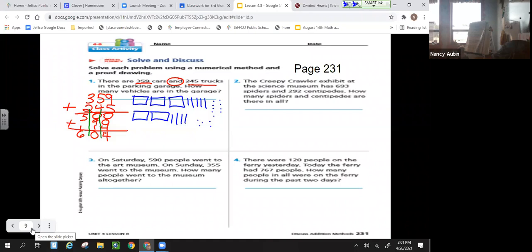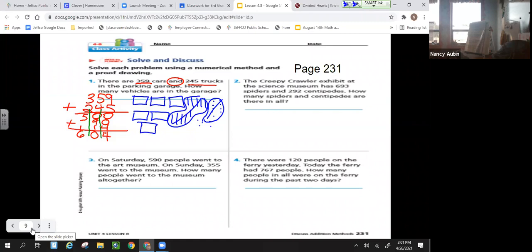All right, let's count these up. 2, 4, 6, 8, 9. Here's my 10. I'm gonna make a new 10. Let's see if I have enough 10s. 1, 2, 3, 4, 5, 6, 7, 8, 9, 10. All of them. I made a new 100.